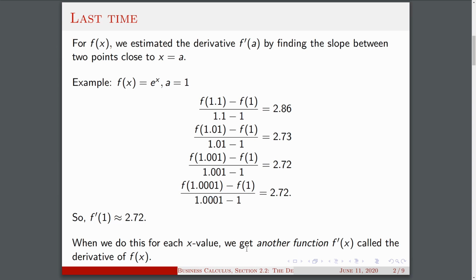The subtle point here is that given a function f of x, if we do this process for each x coordinate, we get another function. Each x coordinate corresponds to a slope at that x coordinate. That's what f prime of x represents.